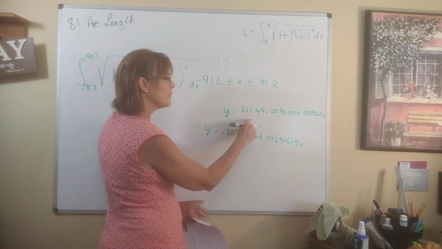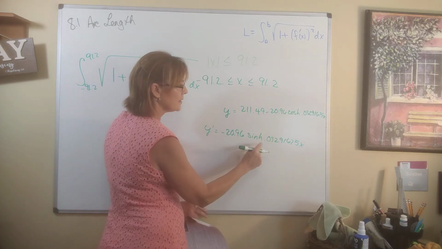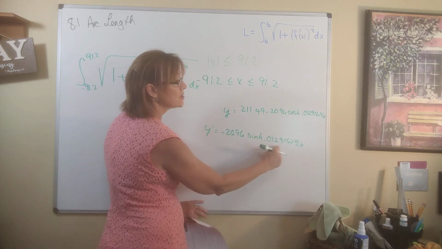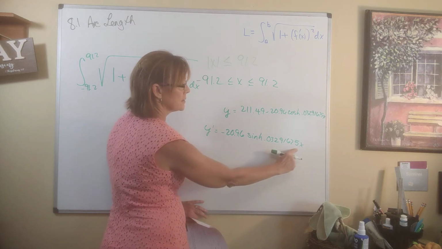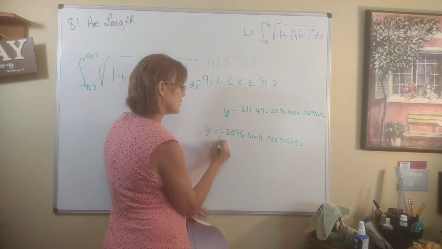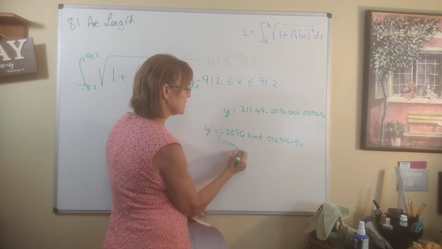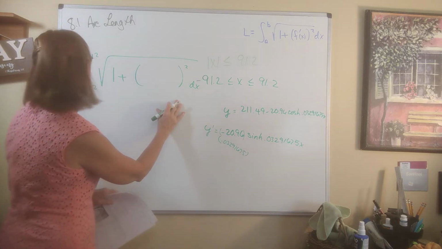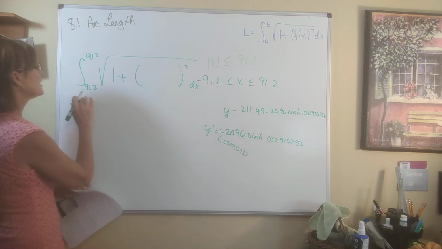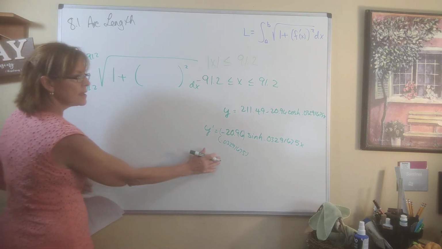So the derivative of this is 0. This is the constant. Derivative of this is hyperbolic sine of this, chain rule times this. I'm going to multiply this number times that, times 0.03291675. Okay, so let's set up this integral from negative 91.2 to 91.2 of the square root of 1 plus this squared.